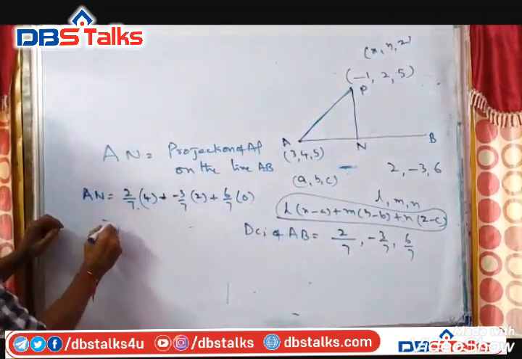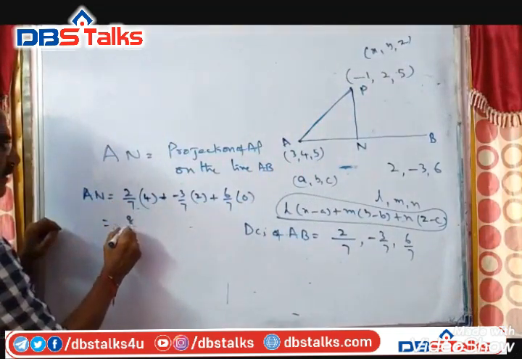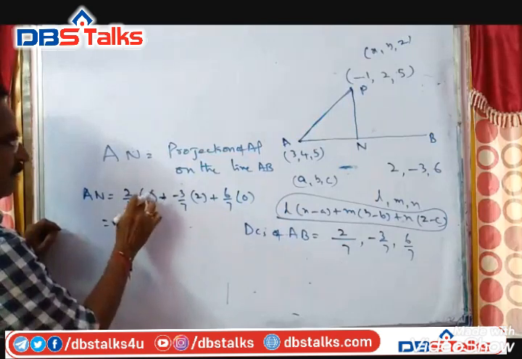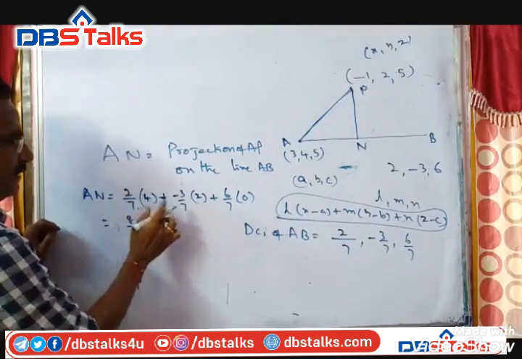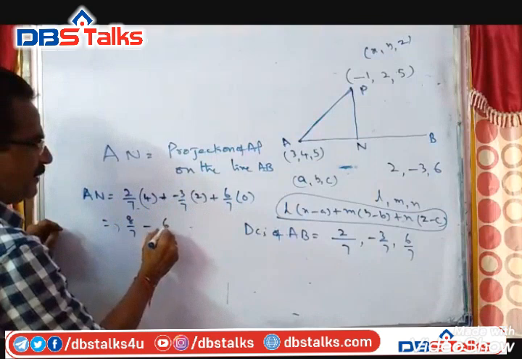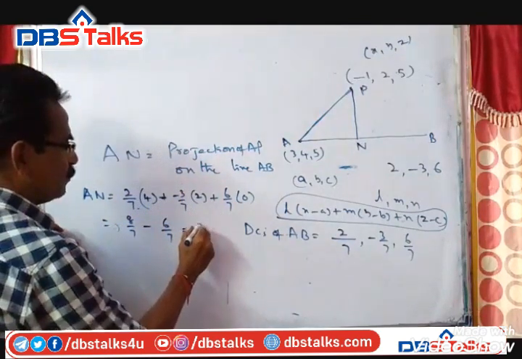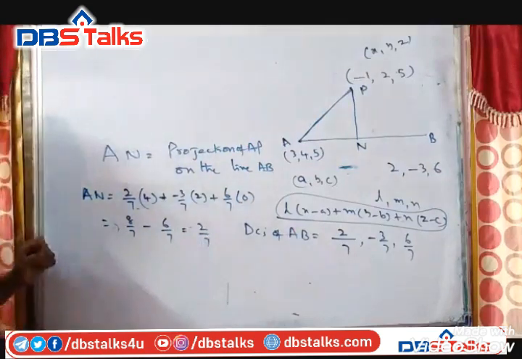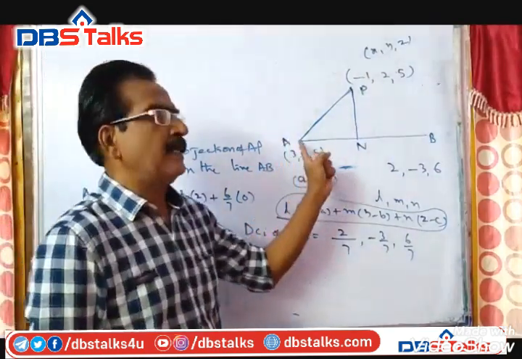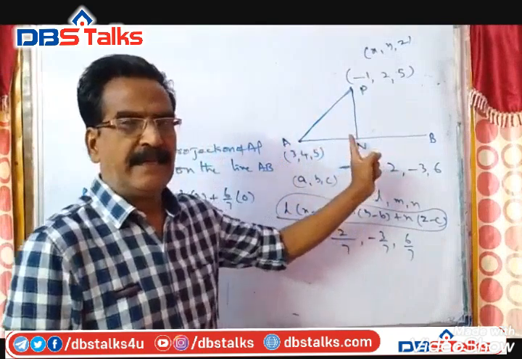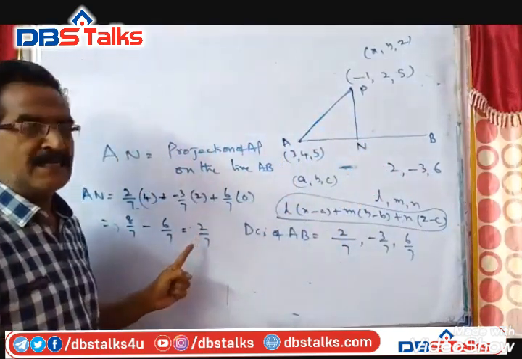Fine. So 8 by 7 minus 6 by 7, that is 8 minus 6, 2 by 7. Friends, the length of AN is equal to 2 by 7.